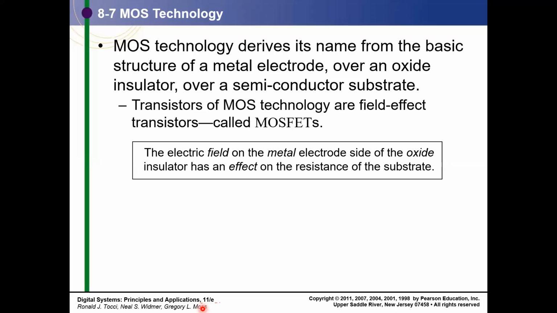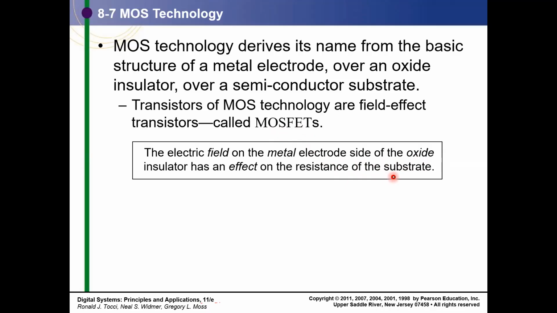So transistors which are formed by this MOS structure are called field effect transistors, and you know this abbreviation. The electric field on the metal electrode side of the diode of the MOS structure has an effect on the resistance of the substrate.